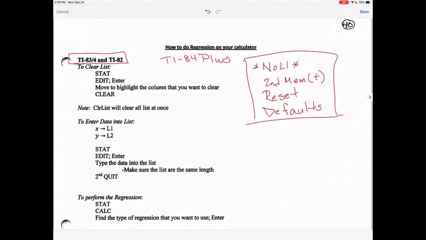If you have no R squared, then you need to hit second, catalog.